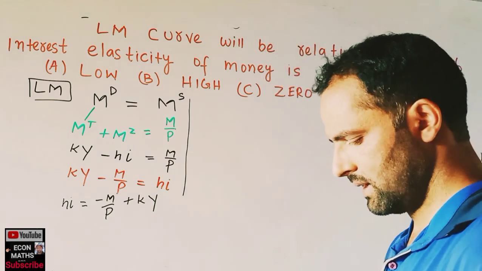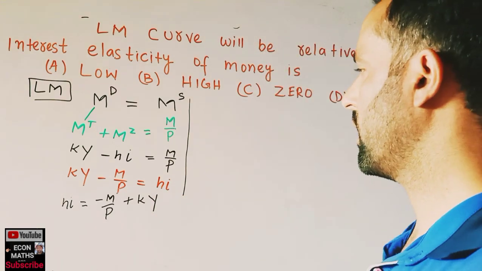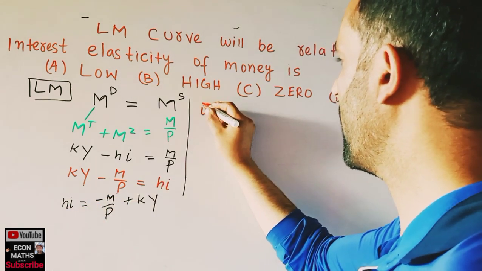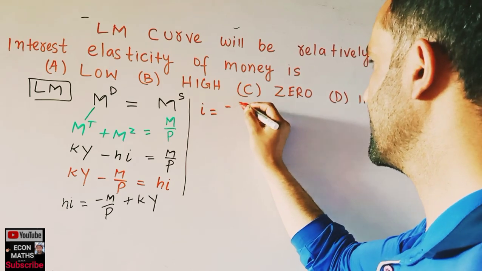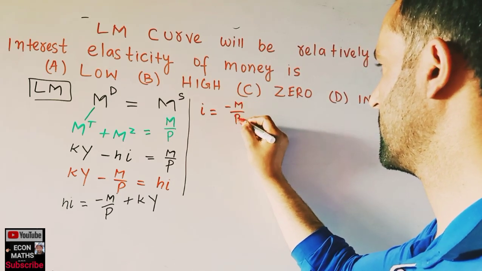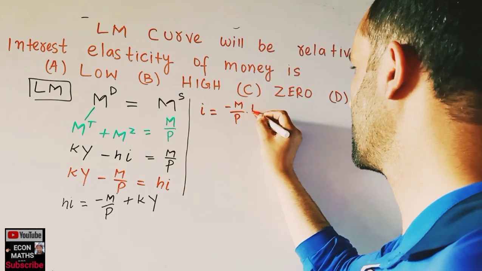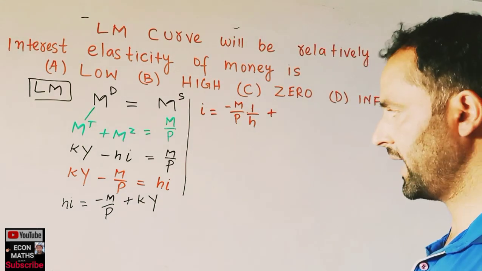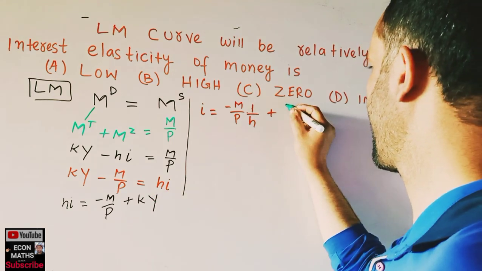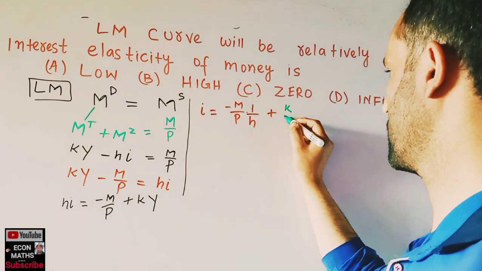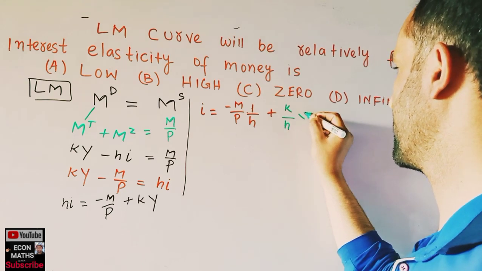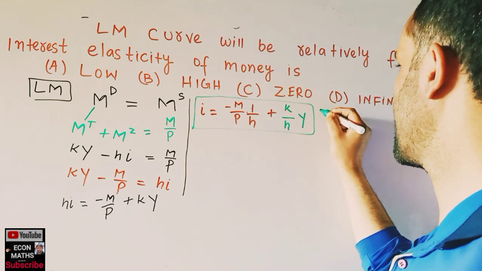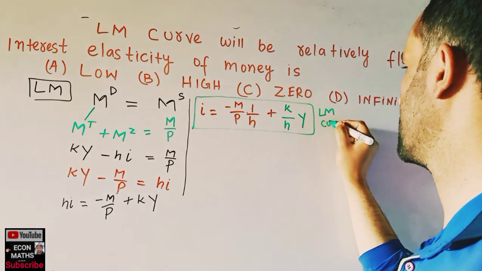After that, since we need to solve this for I, let us divide both sides by H. That means our I will be equal to minus M upon P times 1 upon H, plus K divided by H, times Y. So this is our LM equation. This is our LM curve.